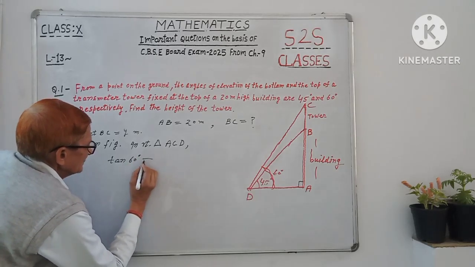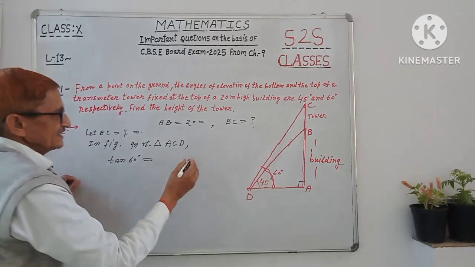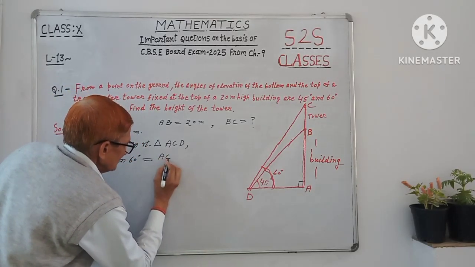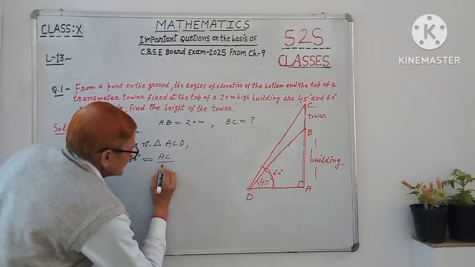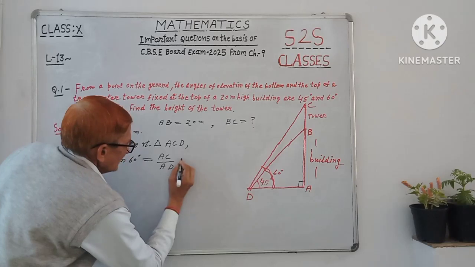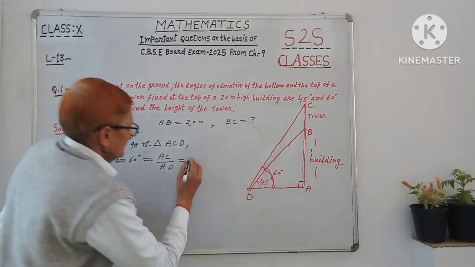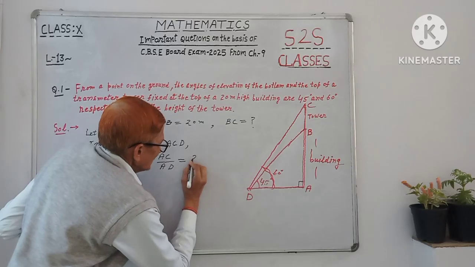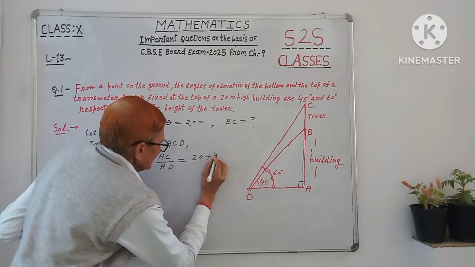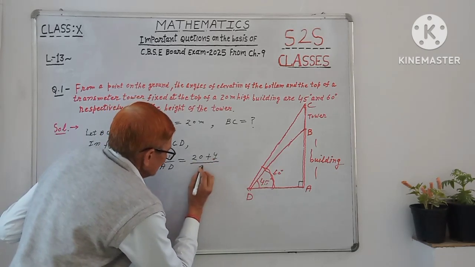Tan 60 degree is equal to opposite upon adjacent. Opposite side AC upon adjacent side AD. Then AC value is AB plus BC, BC is y and this is 20, so 20 plus y.